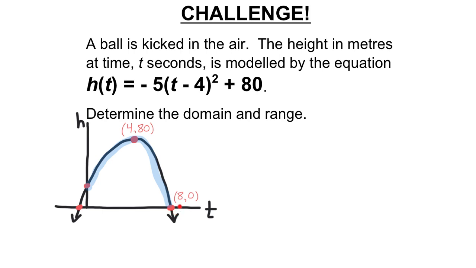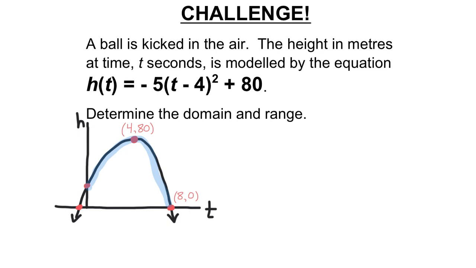And if you go further on the time axis over this way, the height is going to be negative, which doesn't make sense. The ball's not going to go down into the earth and keep going. That doesn't make sense. Only where I've highlighted it does the graph actually make sense in the real world.